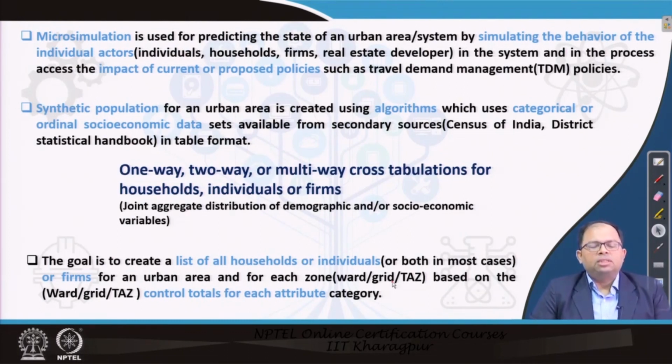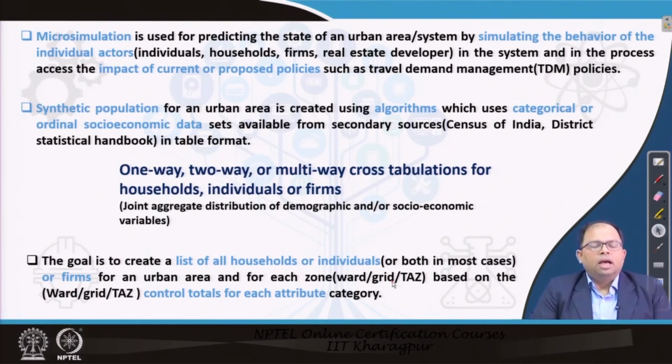So, micro simulation is used for predicting the state of an urban area or system by simulating the behavior of the individual actors, which could be individuals or households, or could be farms, or could be real estate developers in the system, and in the process assess the impact of current or proposed policies such as travel demand management policies.